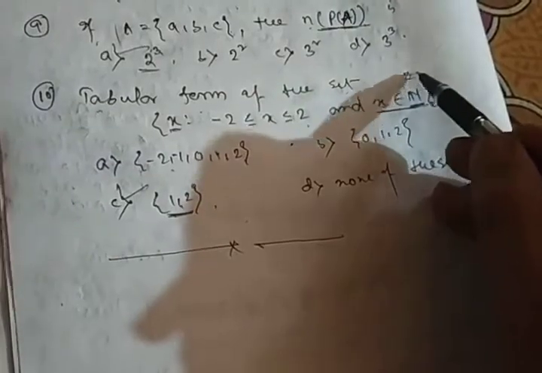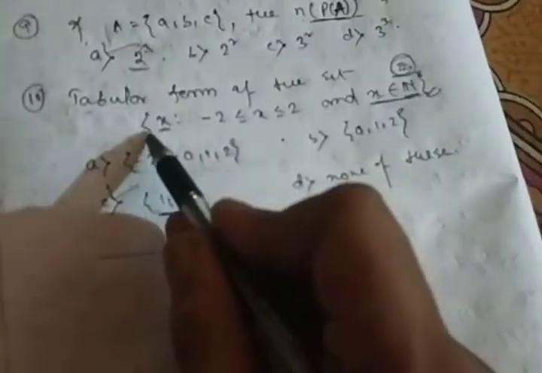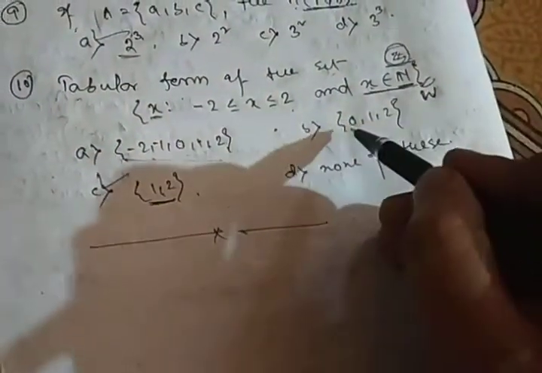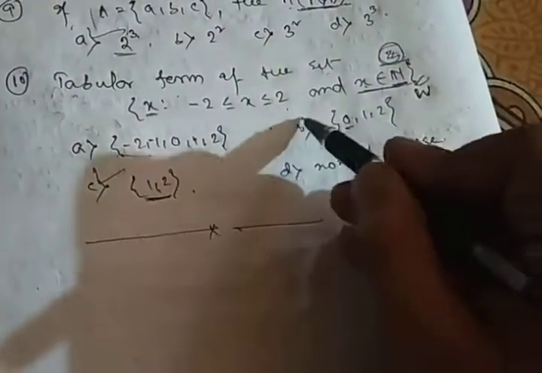Okay, if it was given as Z, meaning all the integers, then that would be the correct option. If it was given W, that means whole numbers, then 0 is a whole number, and that would be the correct answer.